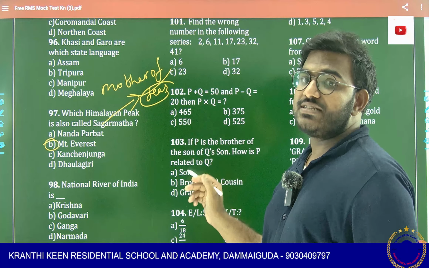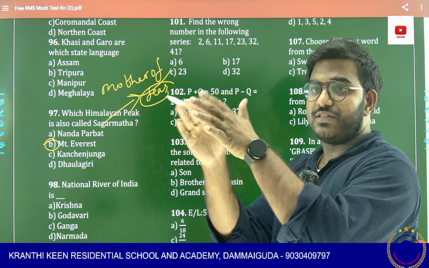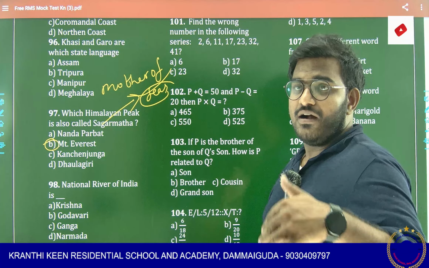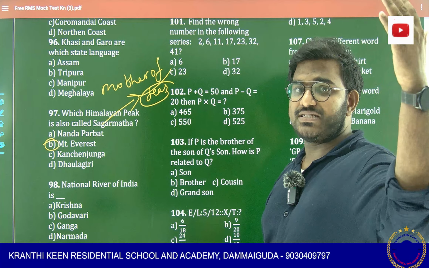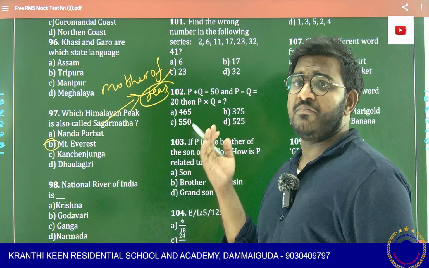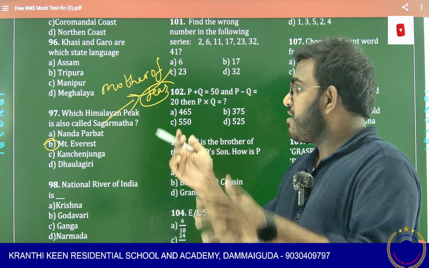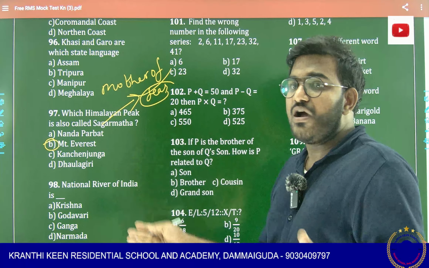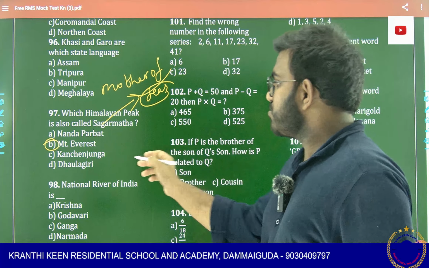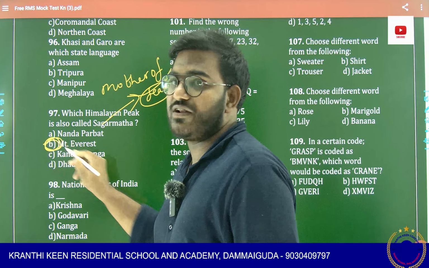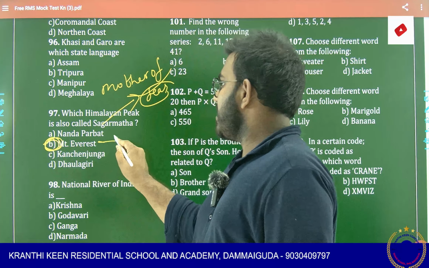Because mountains are the folded part of the seas. From the oldest years, lakhs of years ago, they were seas. Seas became mountains through the folding of the old water as ice. So we know that Mount Everest is the highest peak in the world.